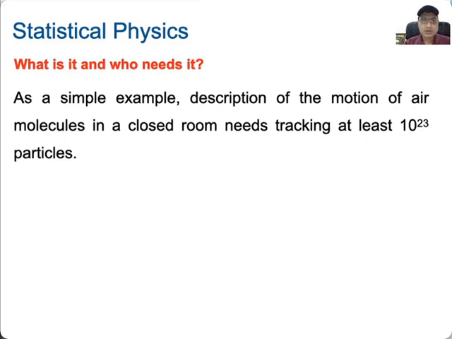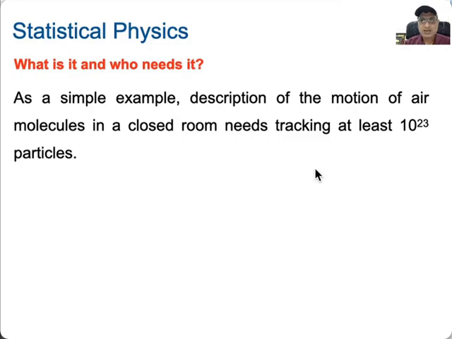Let's take a simple example. Assume that we want to describe the motion of air molecules, which contain oxygen, nitrogen, carbon dioxide, or any kind of gaseous particles in a closed room. For that purpose, we need to understand how 10 to the power 23 particles are behaving, or how they are evolving in time.